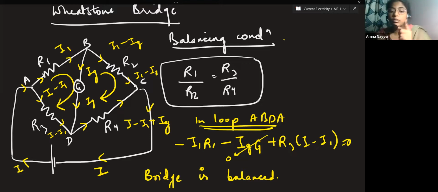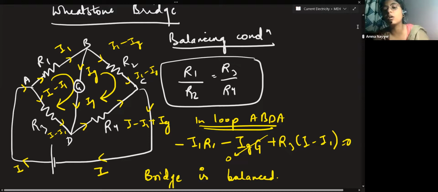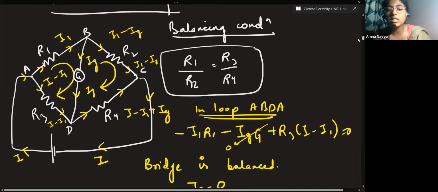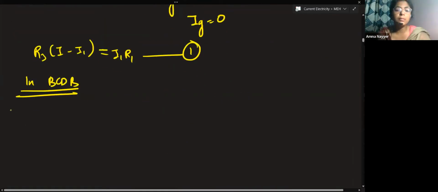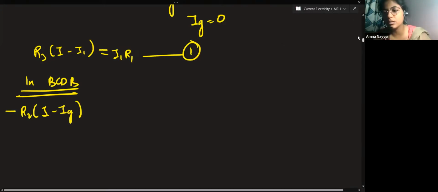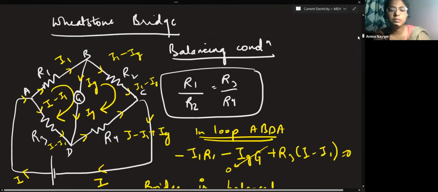Like from B to C we are moving. Look in the figure, B to C along the direction of current, along is negative. So negative sign will come. Resistance is R2, current is I1 minus Ig. According to Ohm's law, it will be minus R2 (I1 minus Ig). That's the first portion.